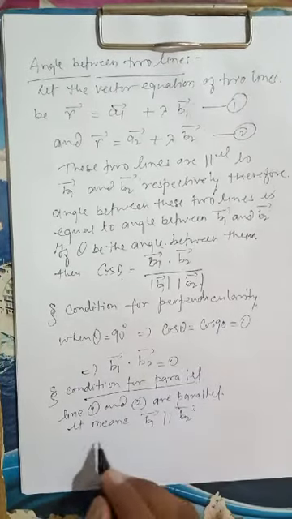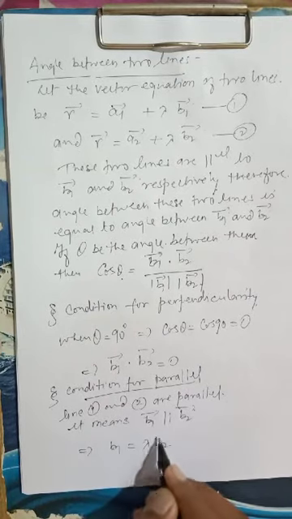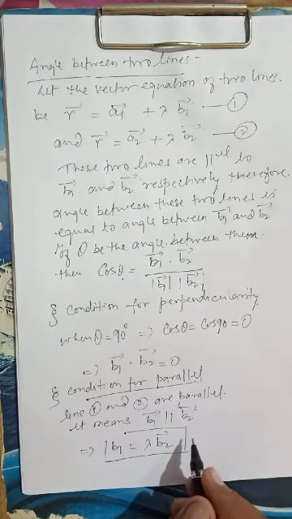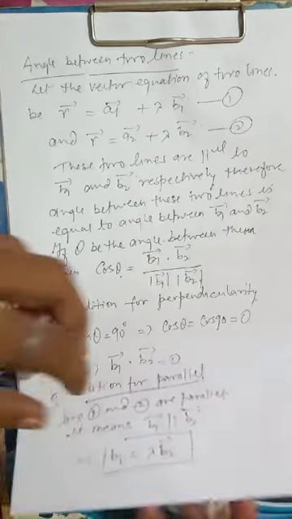Then the required condition is b1 is equal to lambda times b2 vector, where lambda is some scalar. Clear?